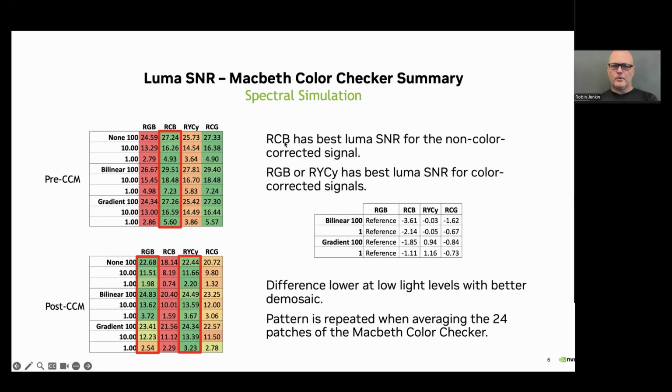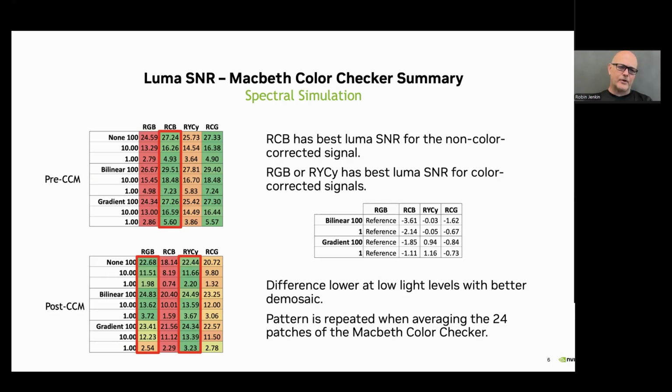Red, clear, blue CFA sets have often been promoted in the industry because the clear channel has twice as much raw sensitivity as a green, and so often it will be sold on, hey, put a clear in there, and you get twice as much signal in your clear channel as you do for a green, and so you'll have a bit more sensitivity, and so it's really sold on that pre-CCM performance.